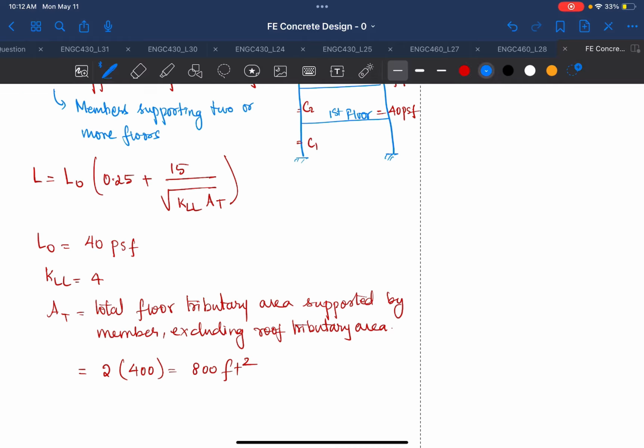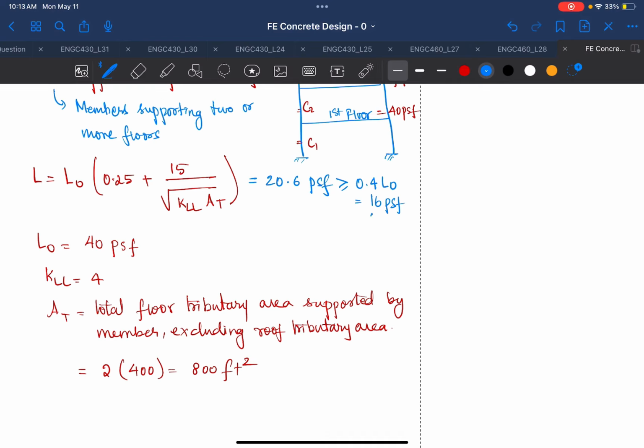And now if you put all the calculation together, this will be equal to 20.6 psf. And then whether to accept this number or to use a different value for a floor live load reduction, you'll see that there's another condition, that this L should be greater than or equal to 0.4 L naught, and 0.4 L naught will be 16 psf.